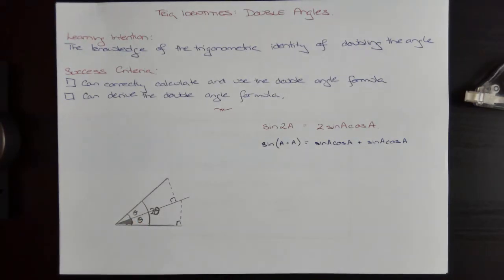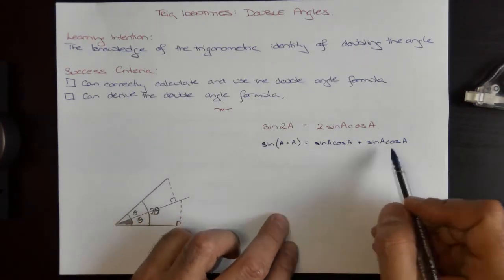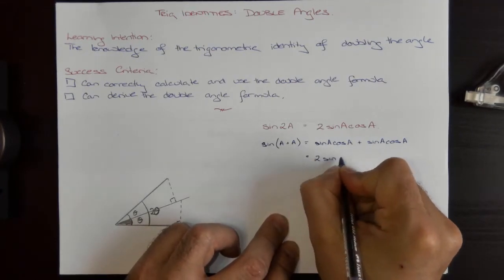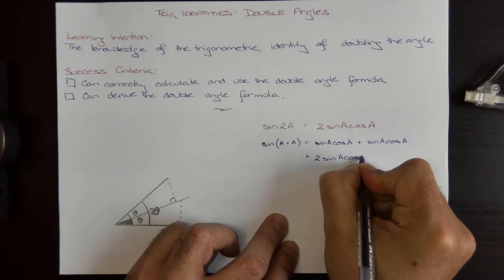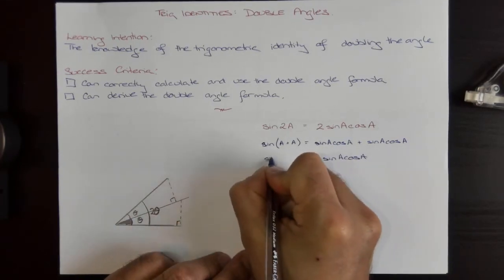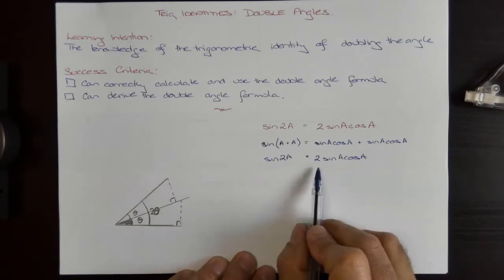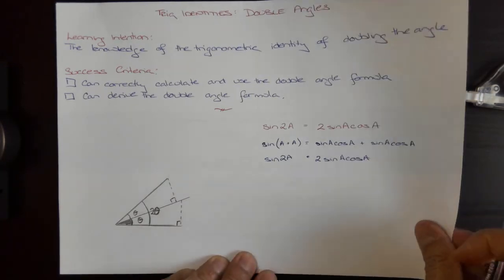So sine A cos A is the same as that, so that equals 2 sine A cos A. So sine 2A is 2 sine A cos A.